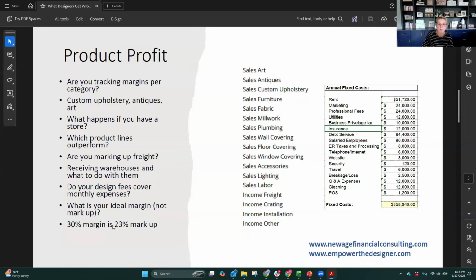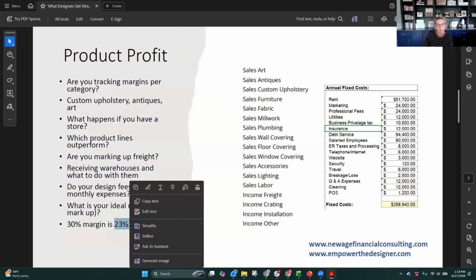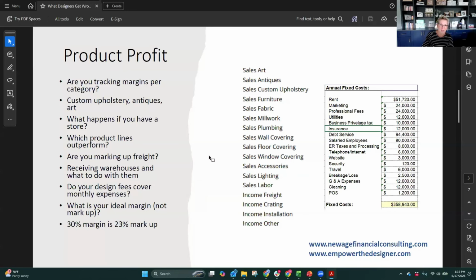So you really may wind up at 20%, 23% markup because freight wasn't marked up the same as other items on the contract. We see sometimes that same logic with receiving and warehousing, and I understand, receiving and warehousing can be a really, really expensive line item. And if you're marking it up 30 or 35%, that number just skyrockets.